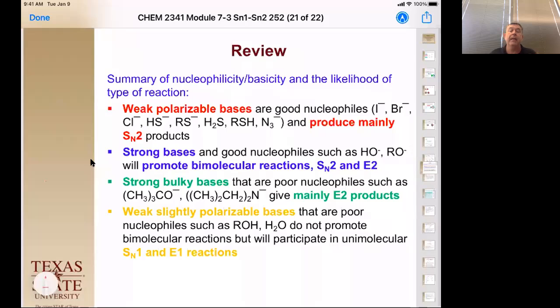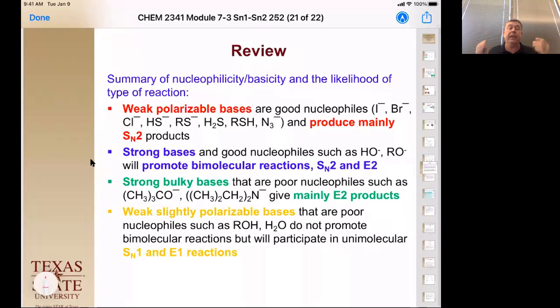Okay. And then things that are not good nucleophiles and are not good bases, meaning neutral molecules of alcohol and water, okay, they promote unimolecular reactions. Remember, when we had stuff with water and alcohol, those support carbocation formation. Water and alcohol support that carbocation.